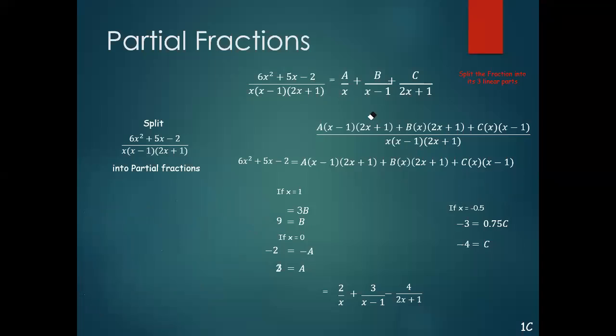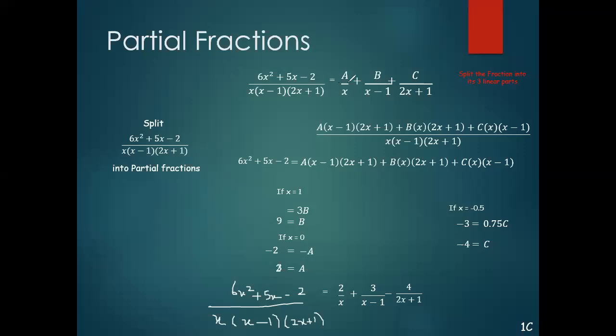Okay. So then we are saying that in that case, 6x squared plus 5x minus 2, over the denominator, which is x times x minus 1 times 2x plus 1, is equals to what?